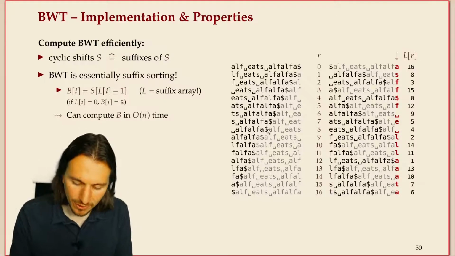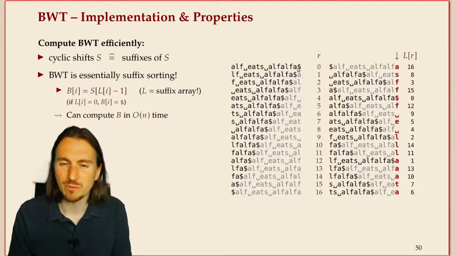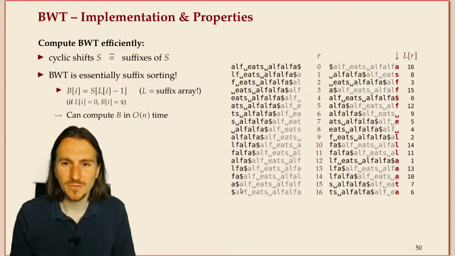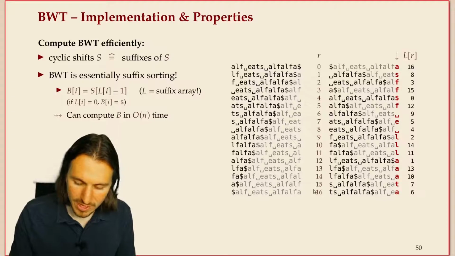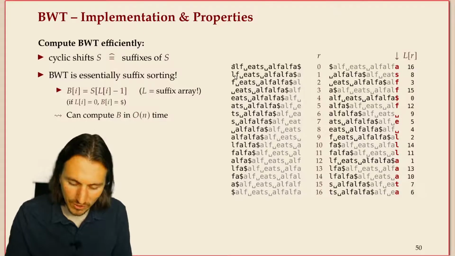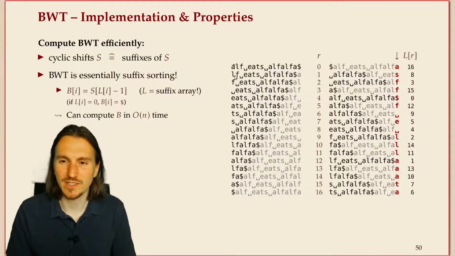You never have a cyclic shift where the dollar occurs at the same position, so you never have an equal there. So any comparison between cyclic shifts will have the same outcome as if you ignored the gray part and just looked at the suffix starting at the same position. Okay, so sorting cyclic shifts is the very same task as sorting suffixes.